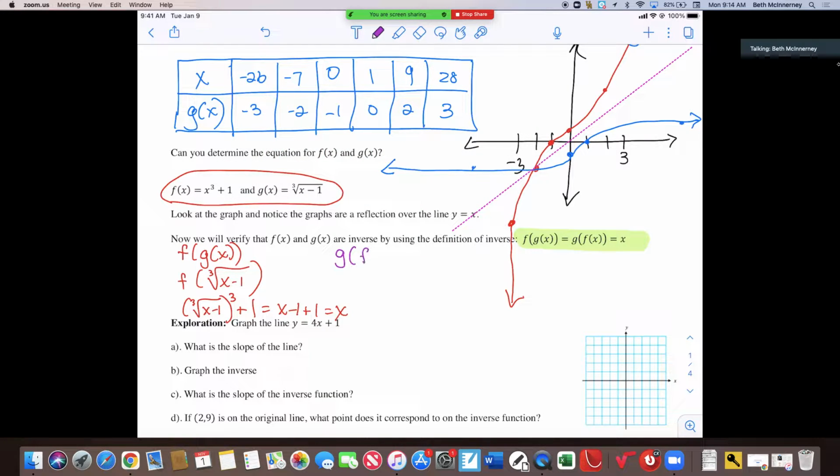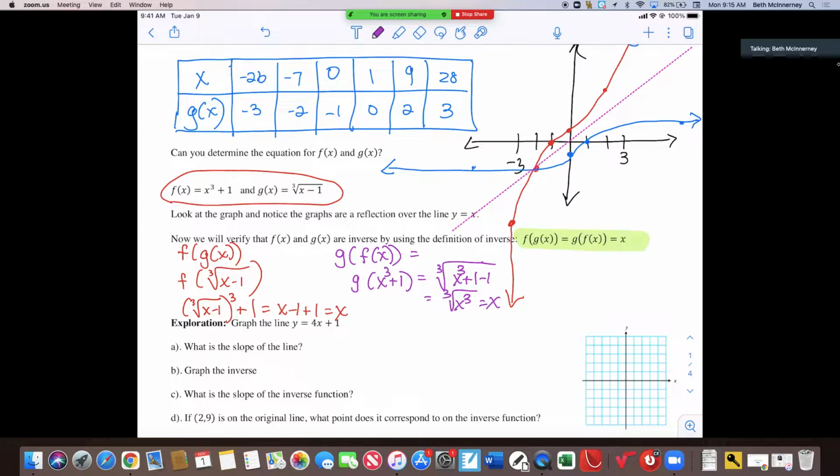And g of f of x, if I just reverse that order, that would be the cube root of x cubed plus 1 minus 1, which is the cube root of x cubed, which is x. So I just verified algebraically that f and g are inverses.